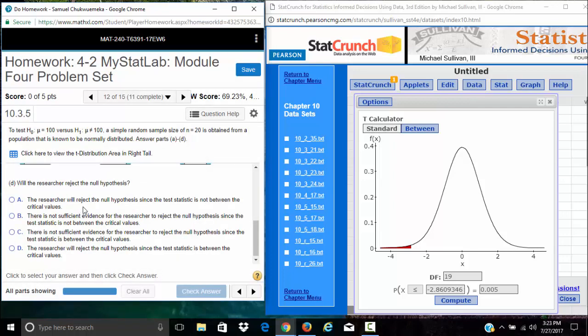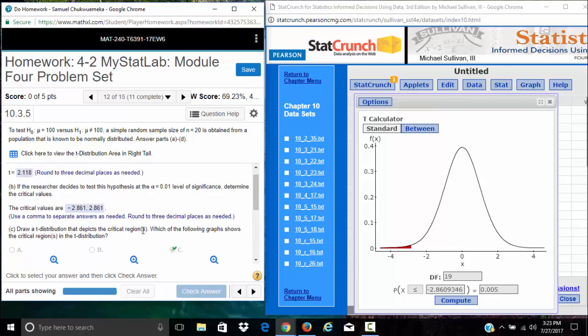Would the researcher reject the null hypothesis? Okay, so with the population mean, you see the T-stat, you look at this now, the T-stat. Is it included in this?